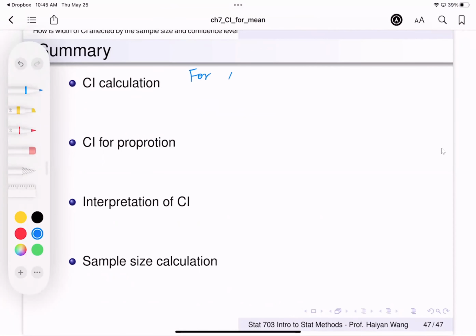So for mu, when the sample size n is large, our confidence interval is computed by x bar plus or minus the z percentile, the normal percentile, times the standard deviation over the square root of n. And this can be computed in R with qnorm.